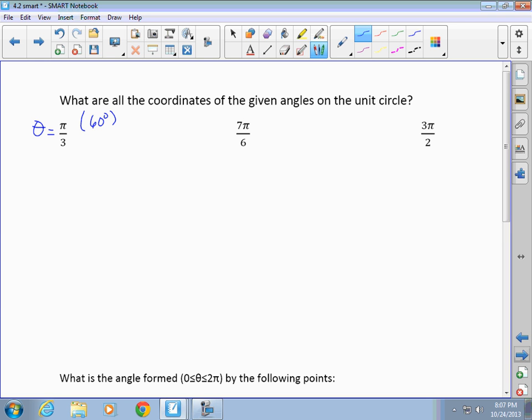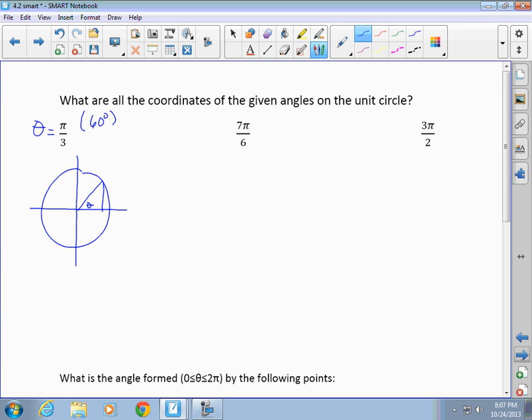So if this is a 30, 60, 90 triangle, what I do then is I draw my unit circle on my Cartesian plane. So if this is, and I'm just going to do a sketch here, this is pi over 3, so this is my theta. That's equal to pi over 3.